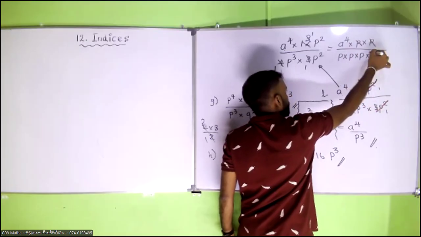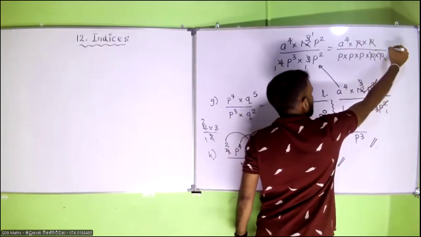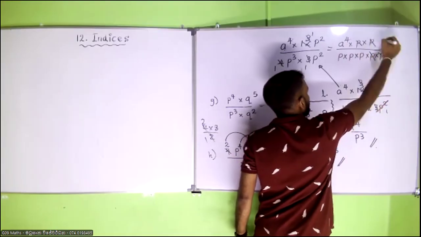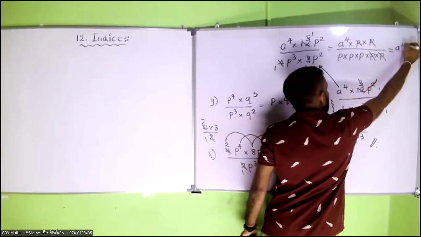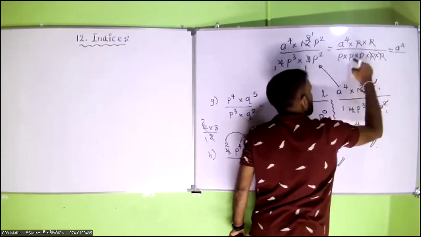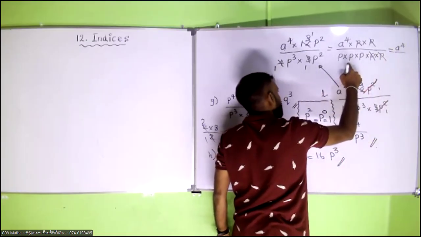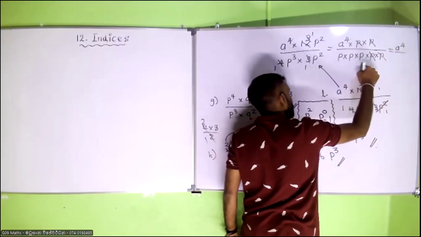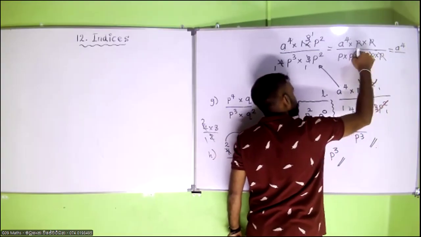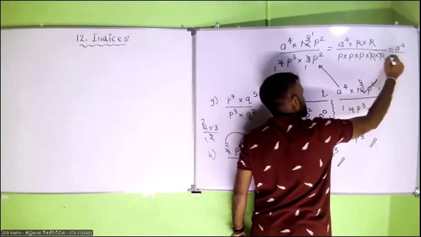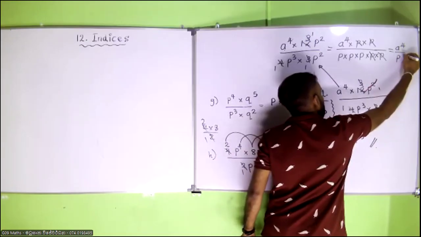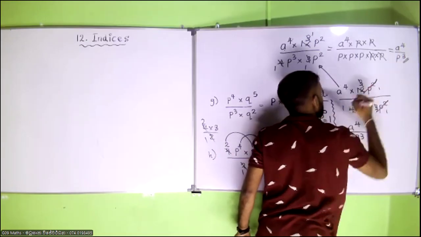Now the final answer: A to the power 4 divided by P multiplied by P multiplied by P, P to the power 3. Same base. So this should be your final answer.